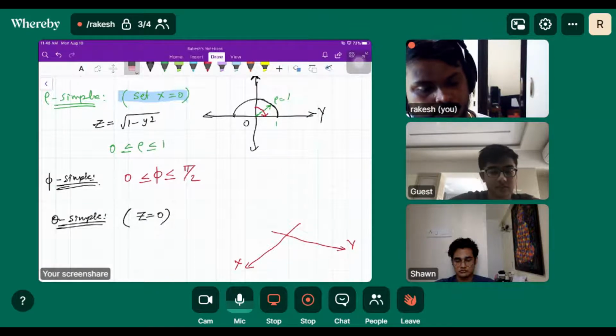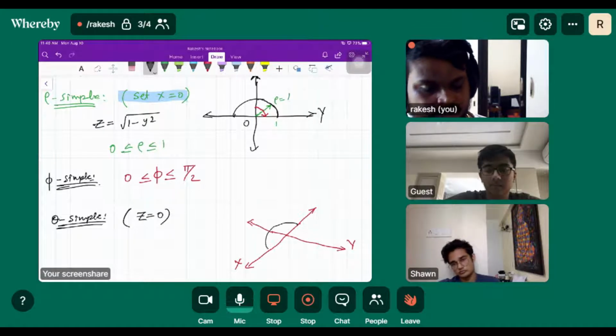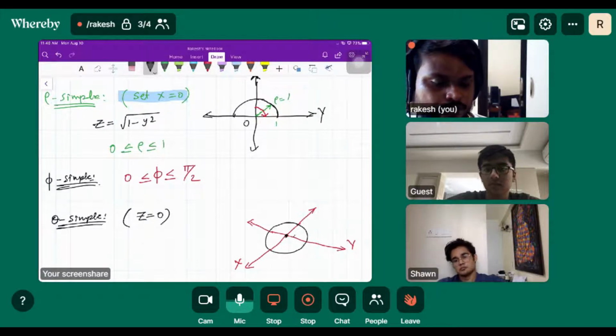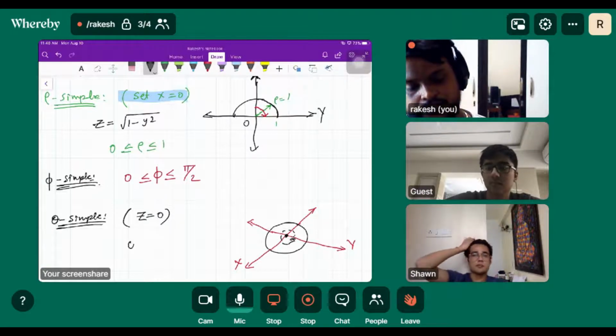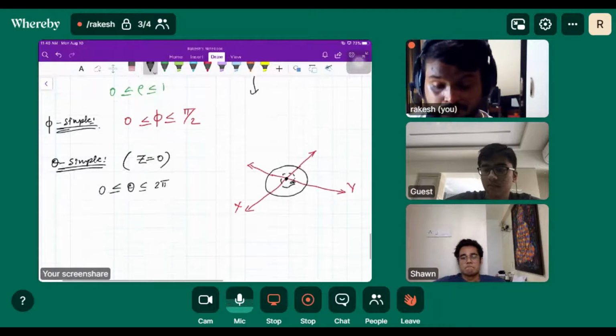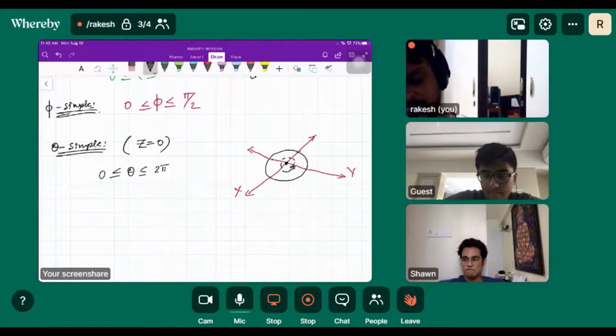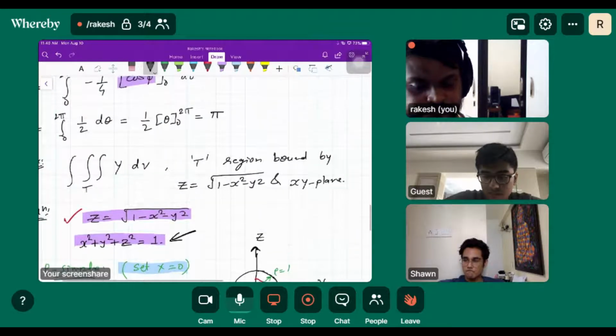So I'll draw the trace of the surface on the xy plane, and that's the full circle. It's going from 0 to 2 pi, so theta is going from 0 to 2 pi. Now, can we set up the triple integral? Have you written down the question?